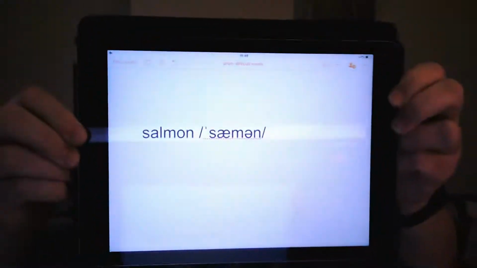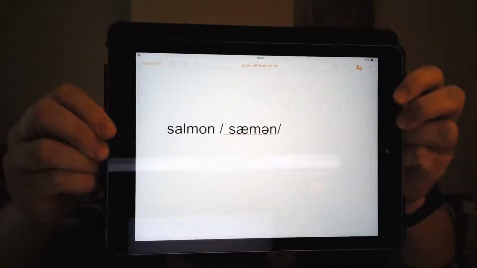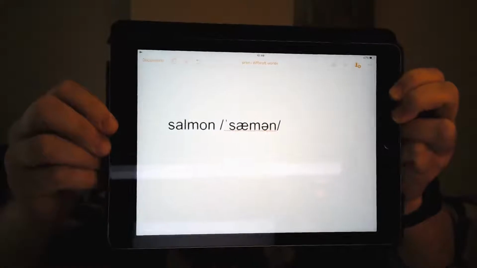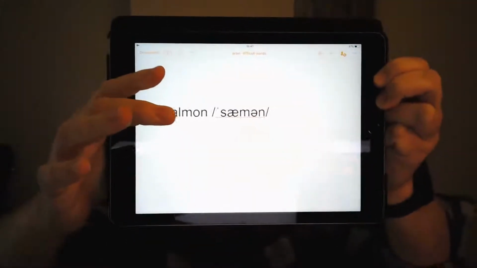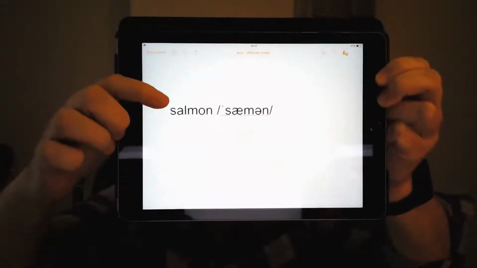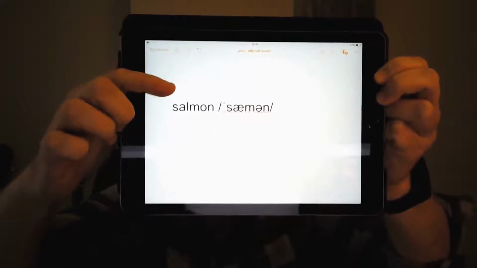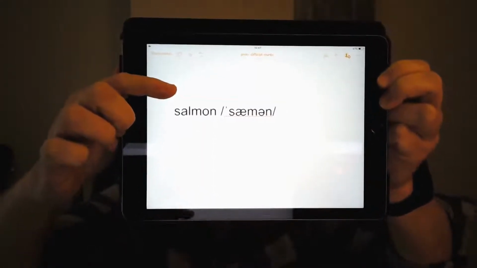Okay, so here we have the pronunciation salmon, salmon. We can see the different vowel sounds we have here. Salmon, salmon. Yeah, and obviously we can see that there is no L sound there at all, like you said. So it's salmon, salmon. Okay, good.